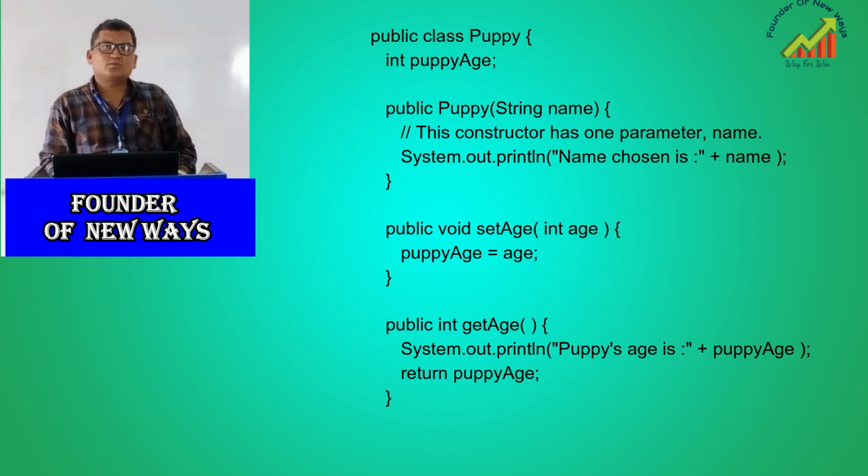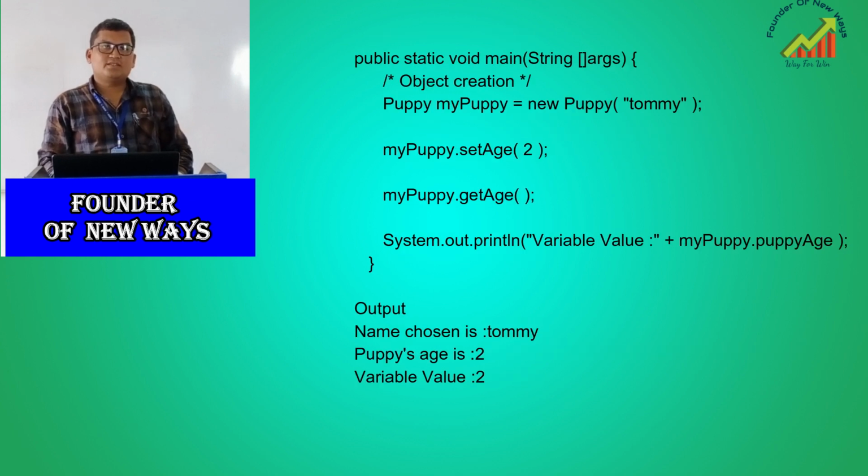This constructor has one parameter, name, and next is a setAge method. After that, a second method is also declared, getAge. Then in the main function we first create an object, then call a class method to set the puppy age, then call another class method to get the puppy age.